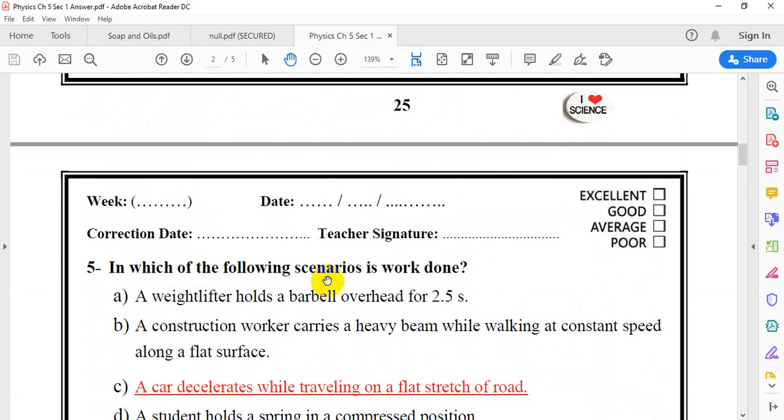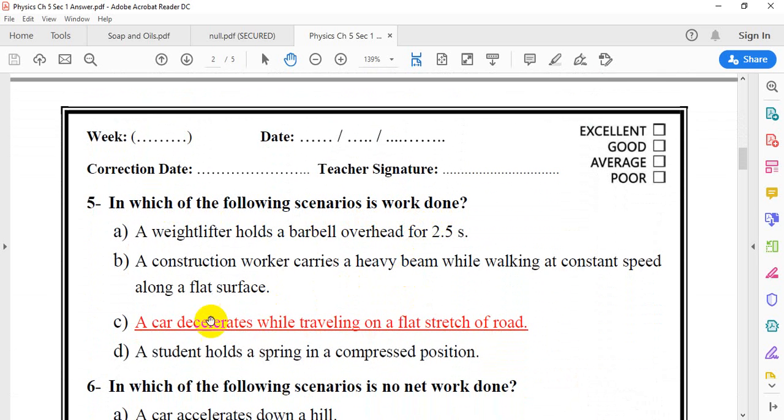In which of the following scenarios is work done? The work is done when a car decelerates while traveling on a flat stretch of road, because deceleration means there is a force, and traveling means there's displacement. So we have a force and displacement, so we have work.